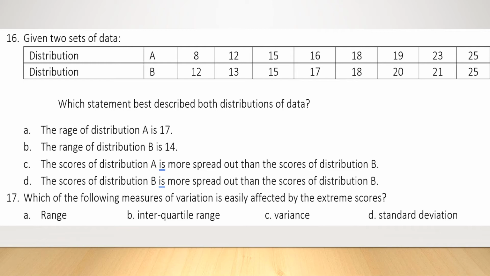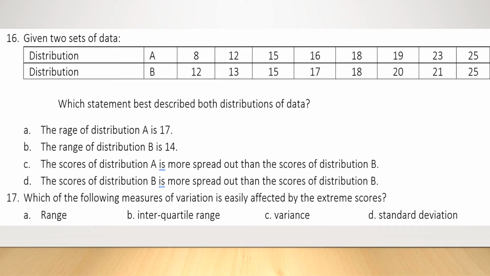Okay, 13. So, asa may mas spread out, ang distribution A kaysa distribution B tungod kay mas dako ang range value sa A kaysa range value sa B. So, ang correct answer is either letter A or letter C.